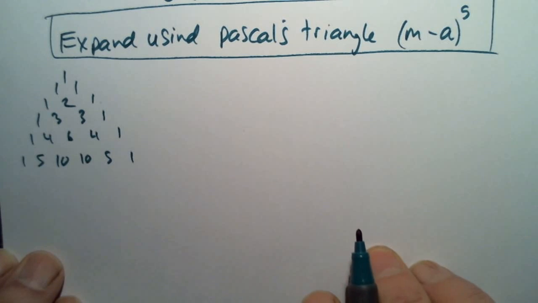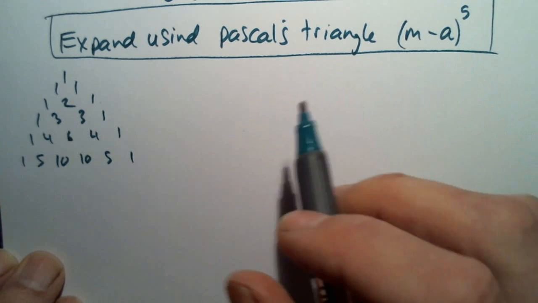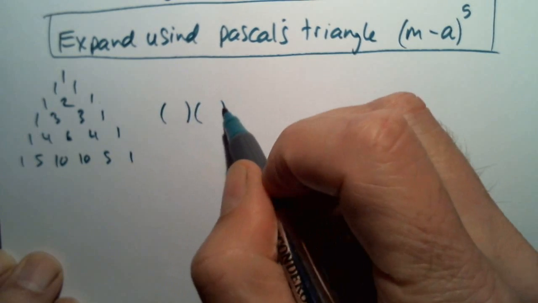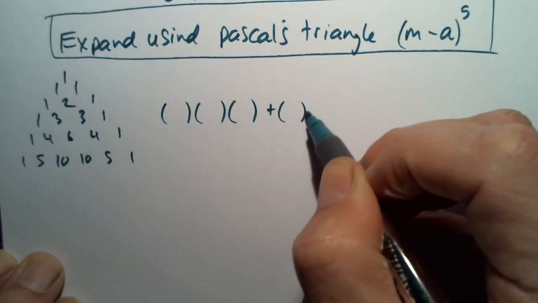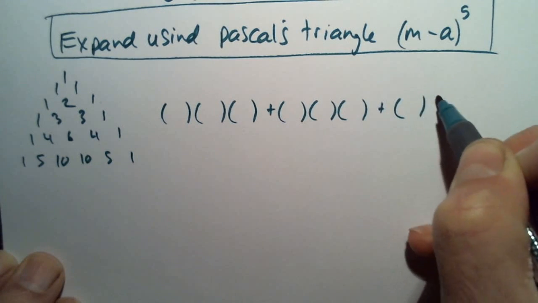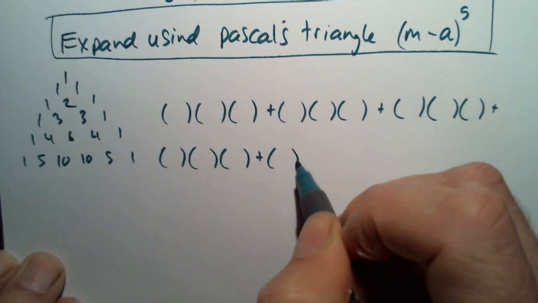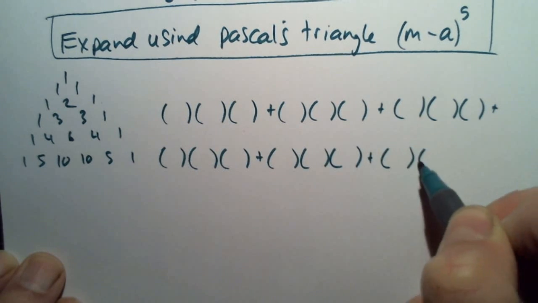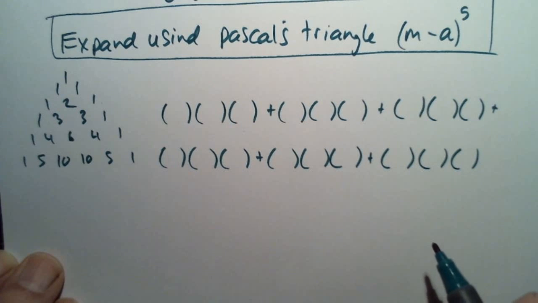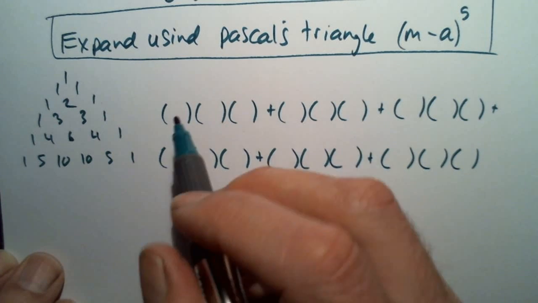And then let's put out the spacing. We need 6 terms. And we know the coefficients, 1, 5.